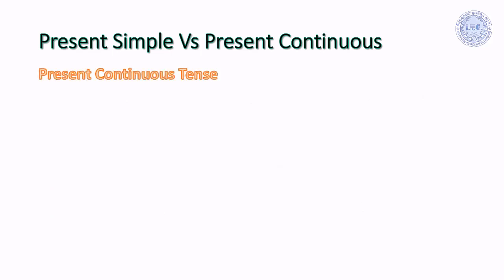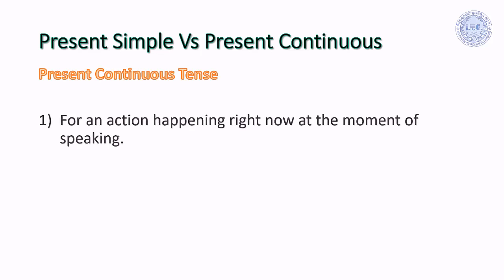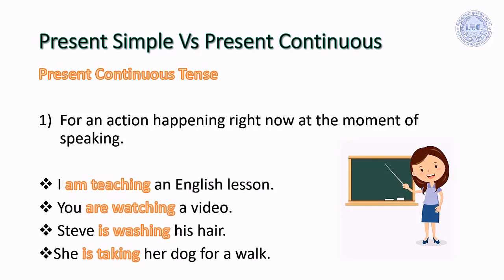So now let's move on to another tense which is present continuous tense. So we use present continuous tense for an action happening right now at the moment of speaking. When somebody is doing something right now or something is happening right now. For example, I am teaching an English lesson.